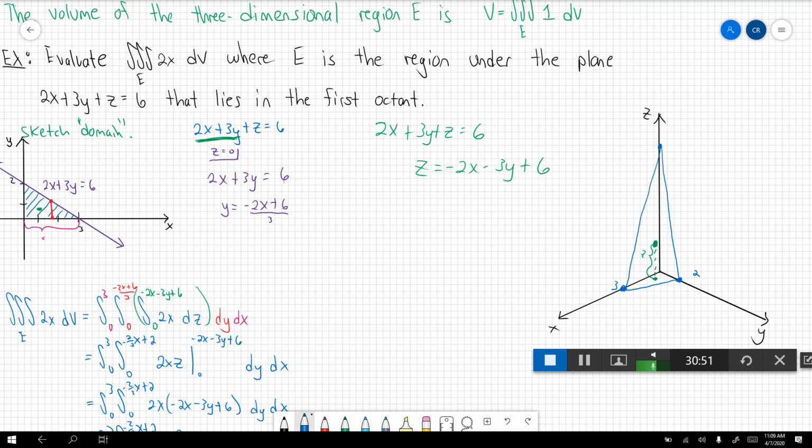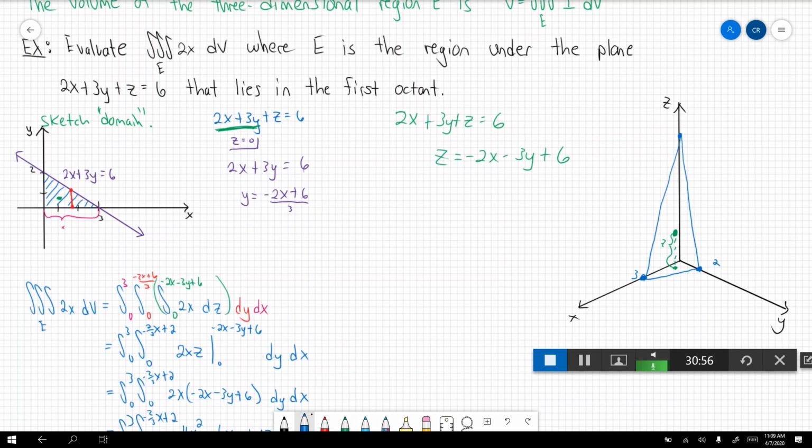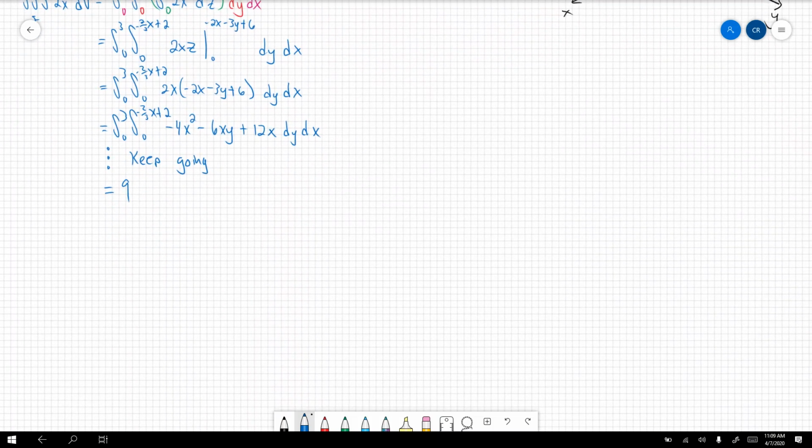The fact is that choosing the domain to be x's and y's is just beneficial because we're accustomed to using x's and y's as a domain. In triple integrals, we are not necessarily limited to that domain. So that means that we can sketch all of these different triple integrals with different domains, and we can evaluate them differently, but overall get the exact same answer.